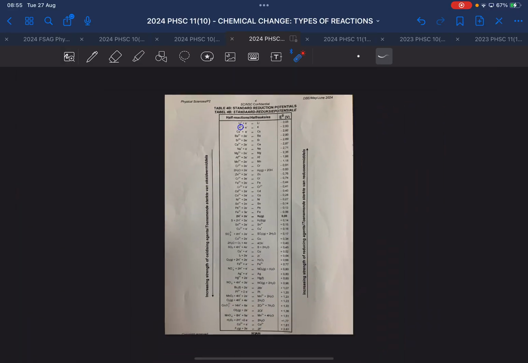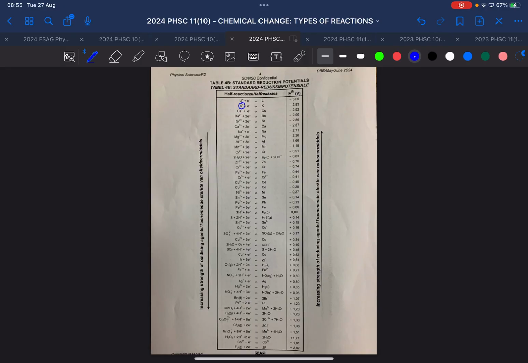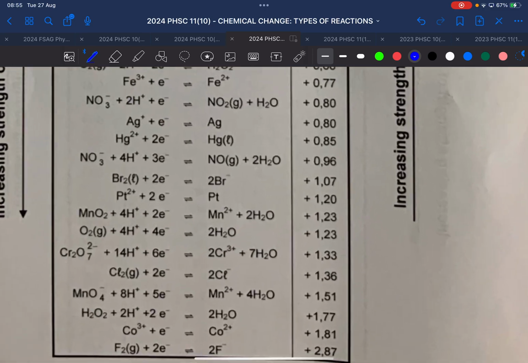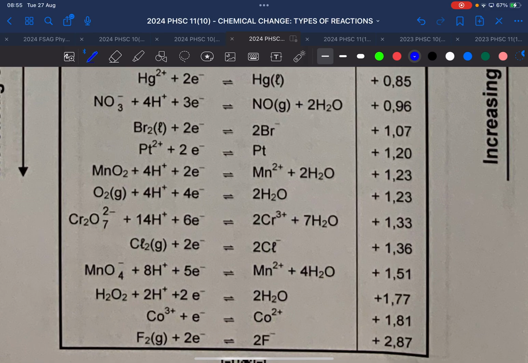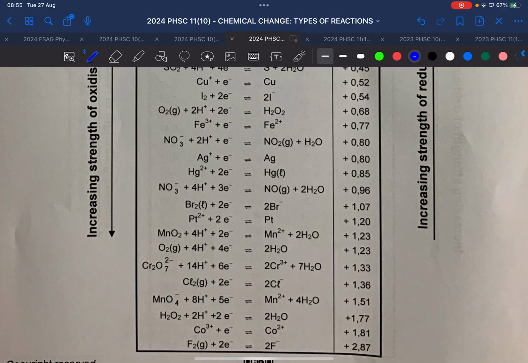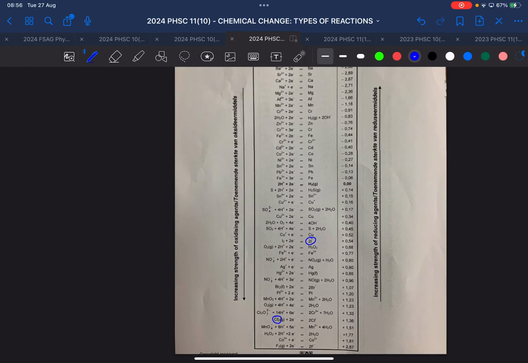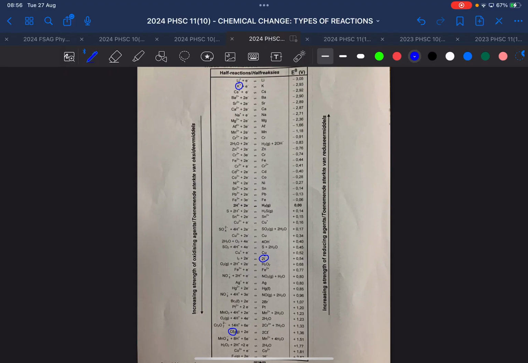Then we have the iodide ion. There's the iodide ion. And then here we have the chlorine gas. I'm going to zoom out for you to see more or less where on table 4b you have found those three things.